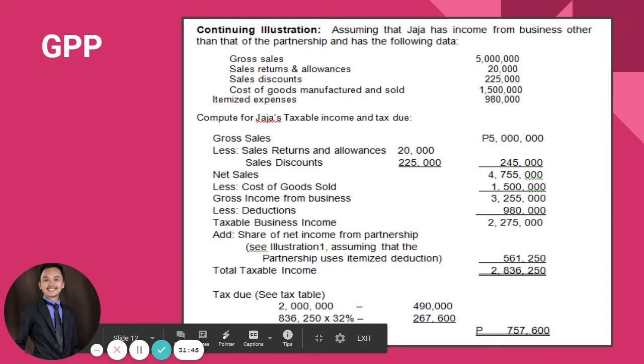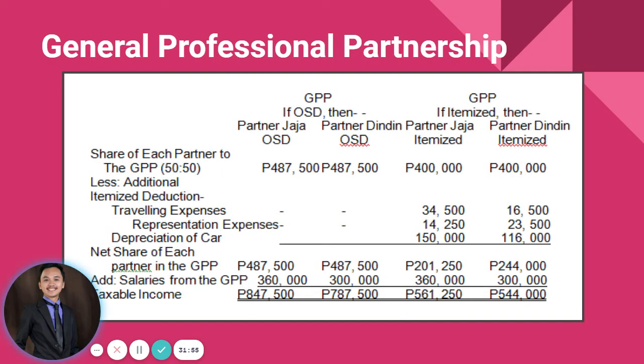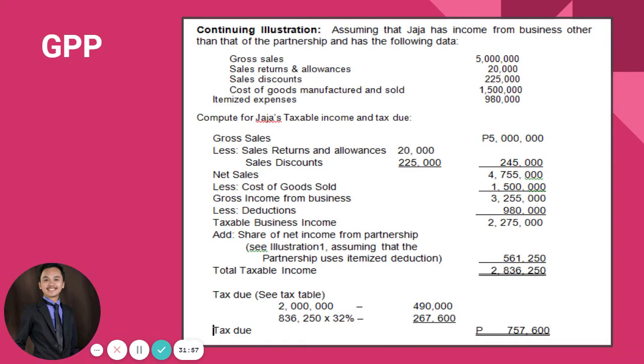Now, let's continue the illustration. So what if Jaja has income from business other than that of the partnership and has the following data. So for example, Jaja, aside from the net income in the general professional partnership, has a separate business also.